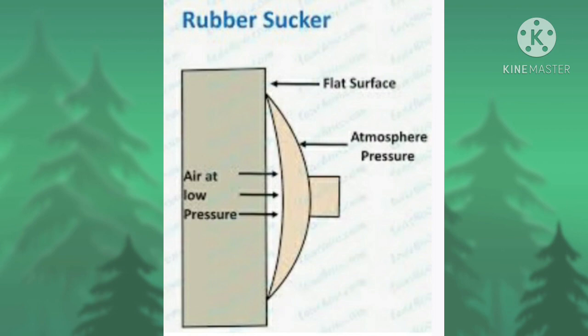The much greater atmospheric pressure acting on the rubber sucker from outside fixes the rubber sucker firmly on the flat surface. Thus, a rubber sucker stays attached firmly to a flat surface due to the atmospheric pressure.